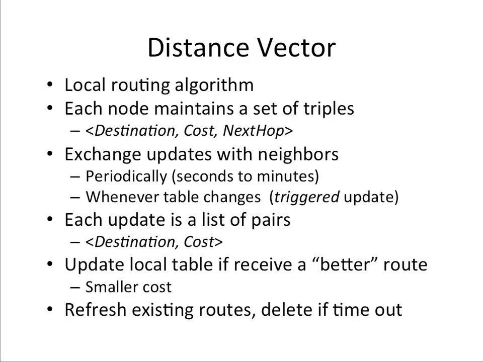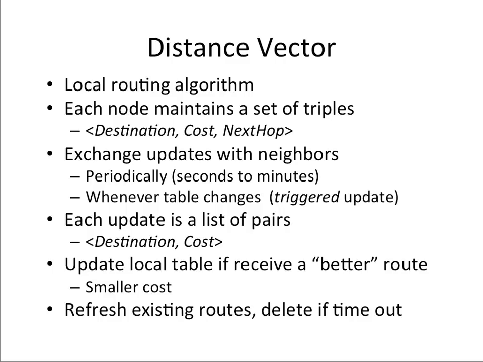Each update is a list of pairs, destination and cost. All right? So when you implement it, you're going to pick a number, hopefully. And whenever that timer fires, let's assume you're using a timer to keep track of the time at which you should send these updates, you're going to send these updates.